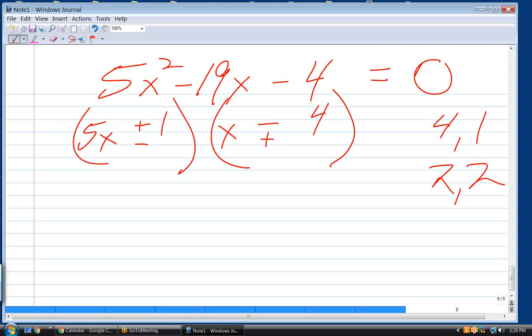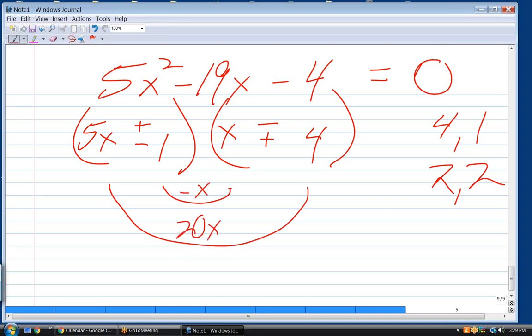Okay, so I'm going to start by trying the 4 there and the 1 there. Does that produce the correct middle term? Now, you know what? Just for the sake of illustration, I'm going to start with the 4 down here and the 1 there. What does that produce for a middle term? So then negative x and then 20x, and then that'll make 19x.